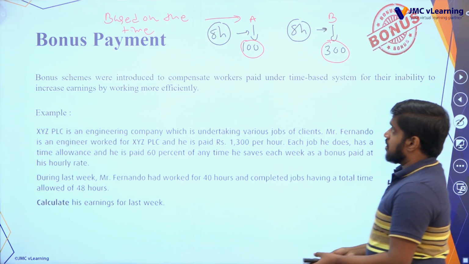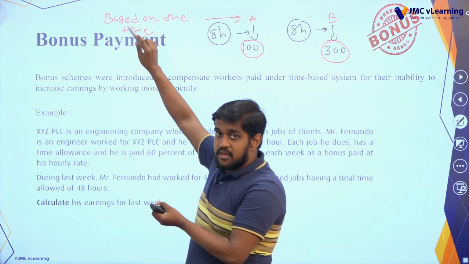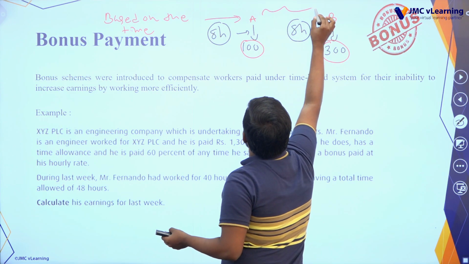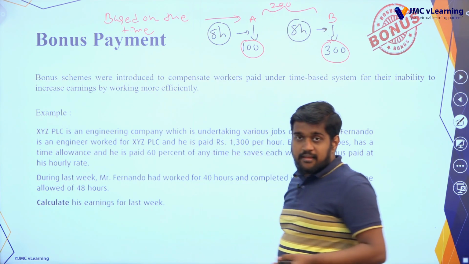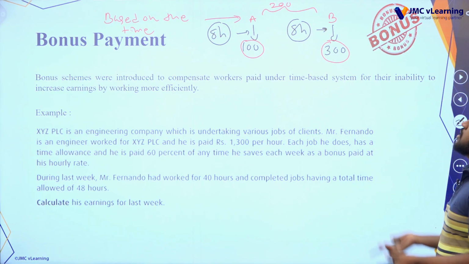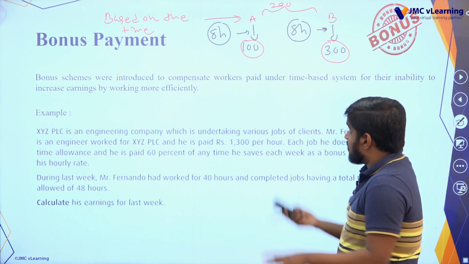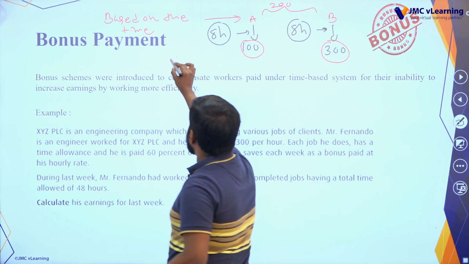But when we consider their salary, as I mentioned, they get their salary based on the time. Let's assume both A and B have a per hour rate of 200.